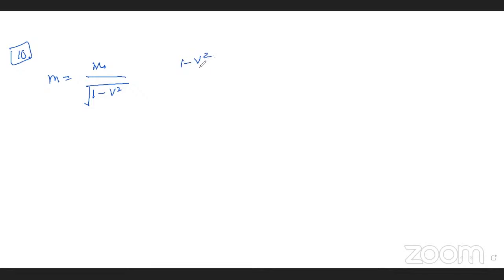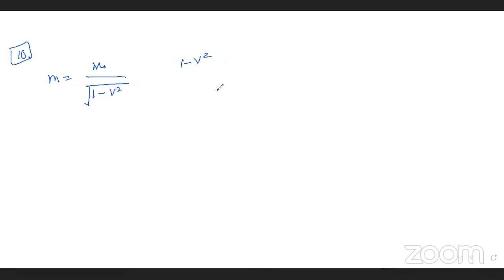So that part is dimensionally incorrect, because you can't subtract a dimensional quantity from a dimensionless quantity. So this should be dimensionless, which means the v square term should be divided by another term.